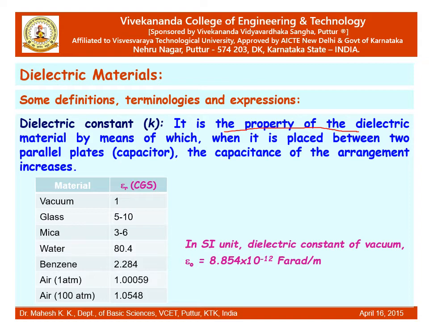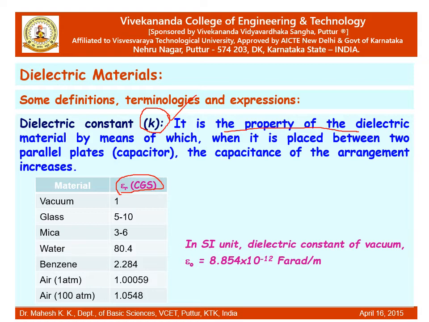Observe here one thing, that I have written K for the dielectric constant. In the previous one it was epsilon r, and here also I am writing epsilon r, and in the lab we have it as K. So sometimes you write it as K or sometimes as epsilon r. Fine.